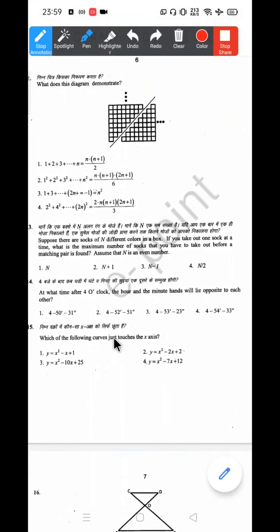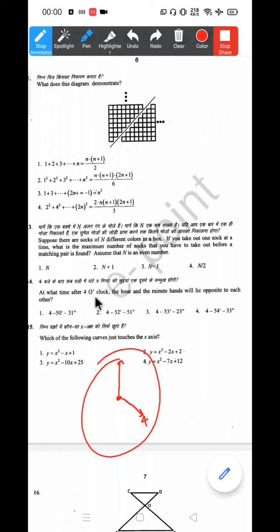At what time after 4 o'clock will the hour and minute hand lie opposite to each other? So after 4 o'clock, correct? Suppose this is 4 o'clock and this is 12. Exact 4 o'clock, this is what I'm saying.